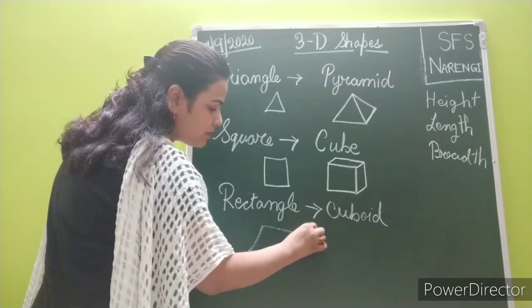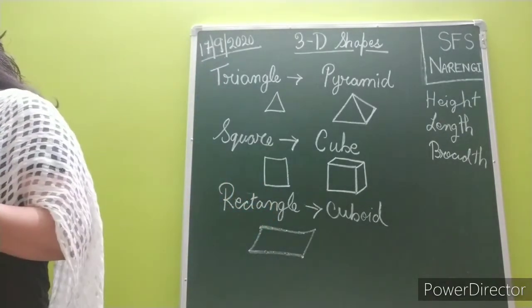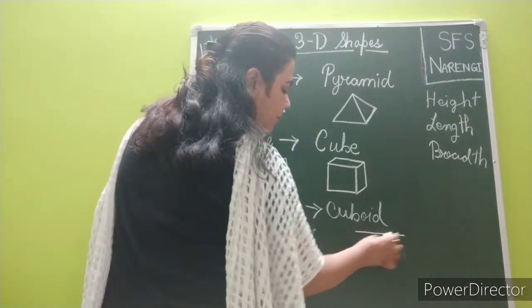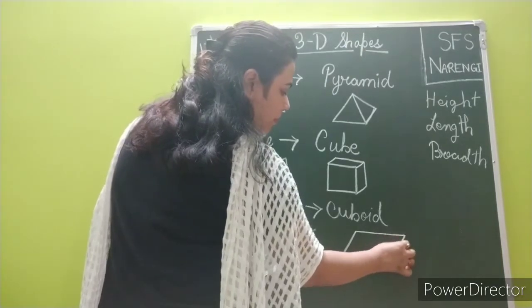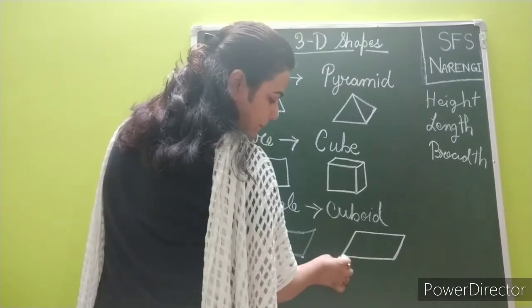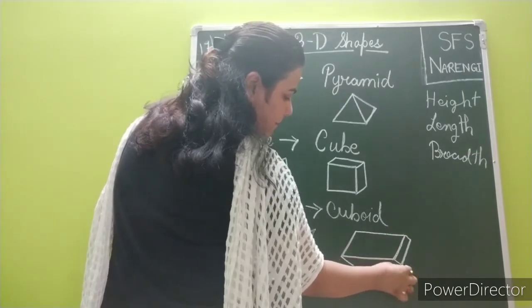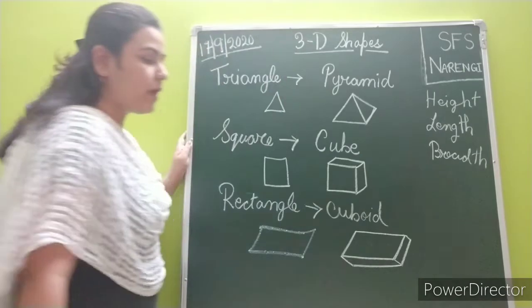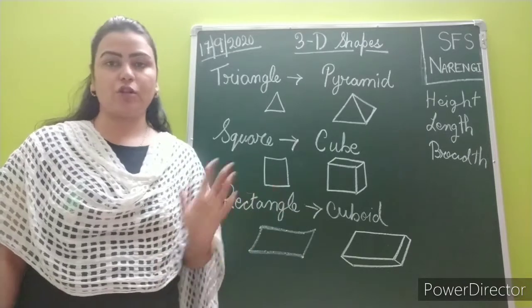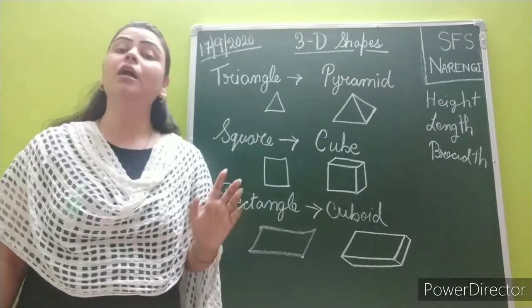If a rectangle looks this way, then the cuboid for this will look somewhat like this. It will look like this. So, when we join rectangles on all the sides, that is when we get a cuboid. When we join squares on all the sides, that is when we get a cube.